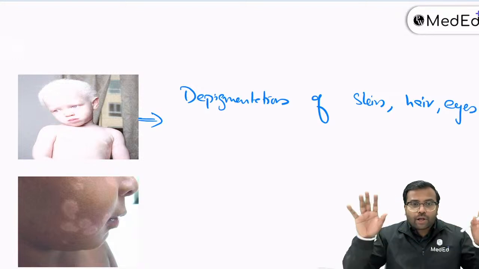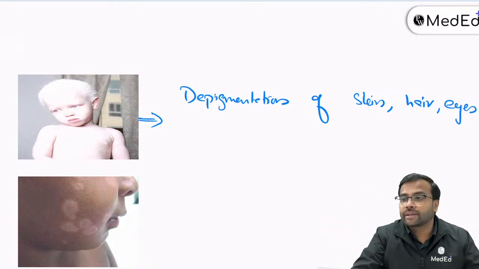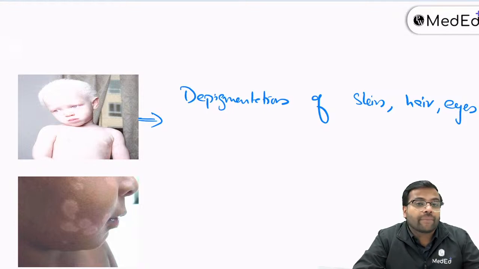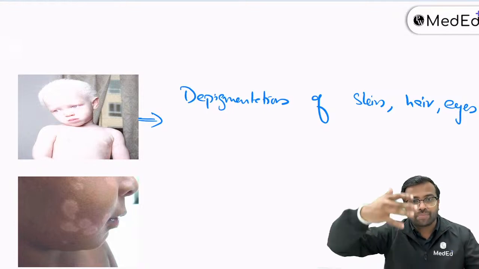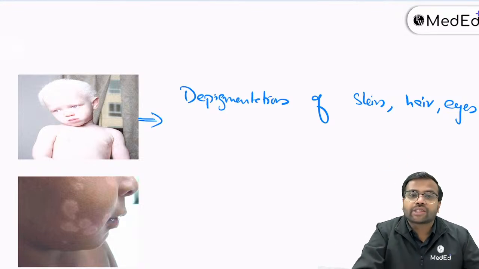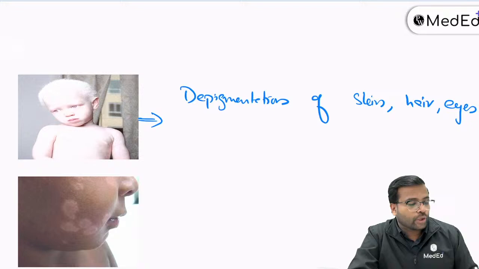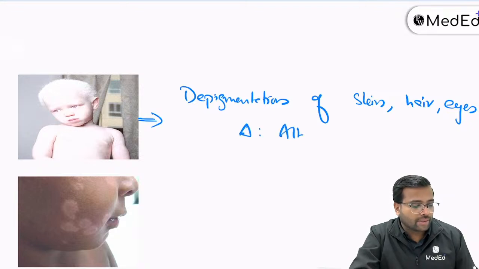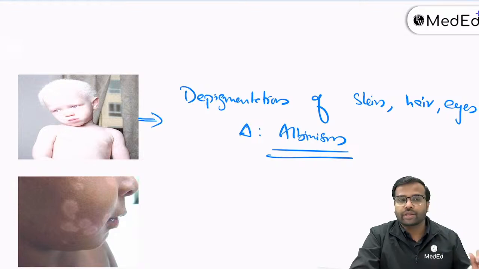There is no pigmentation over the skin. The entire skin is depigmented. The hair is depigmented. That is why it is a child, but that is a whitish hair. And there is no pigmentation over the eyes also. So यहाँ पे diagnosis हो गया albinism. So this is going to be an autosomal recessive disorder.